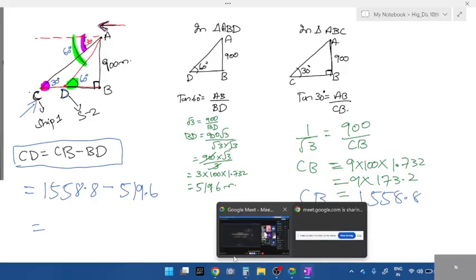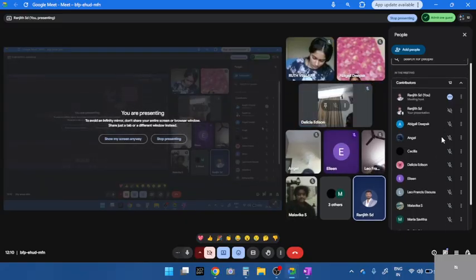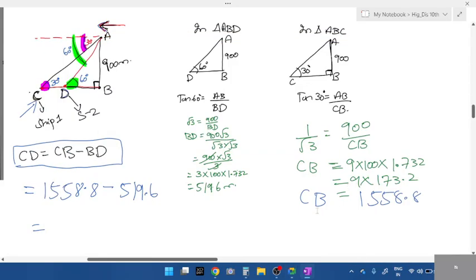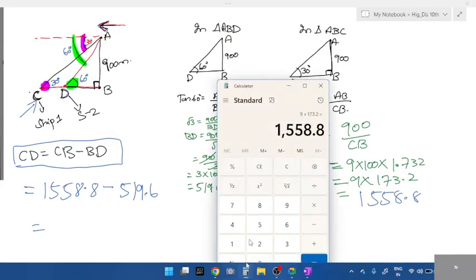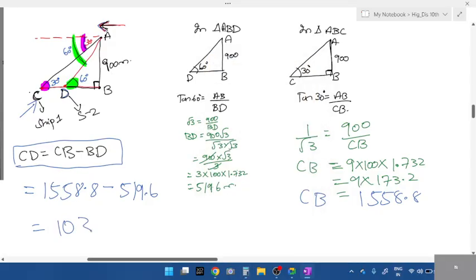Right? Distance between two ships. Let me calculate. What's the answer you got? 1039.2 meters is the answer. So that's the distance between two ships, 30 degree and 60 degree.